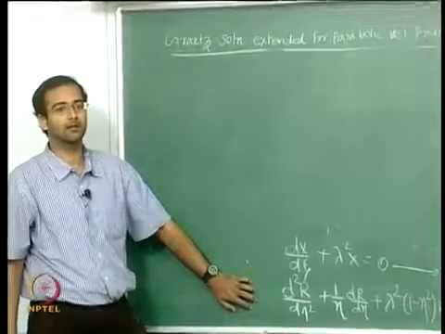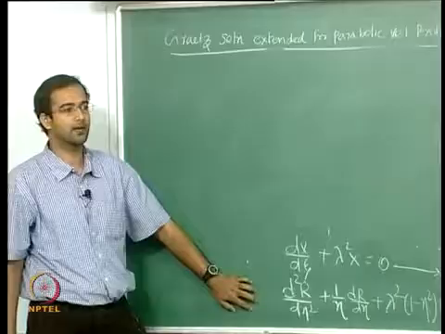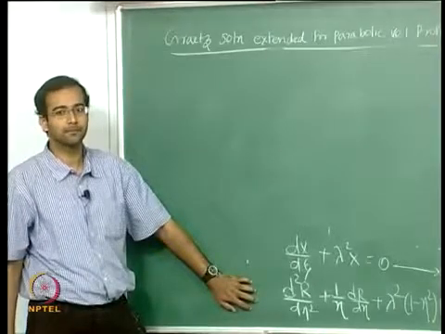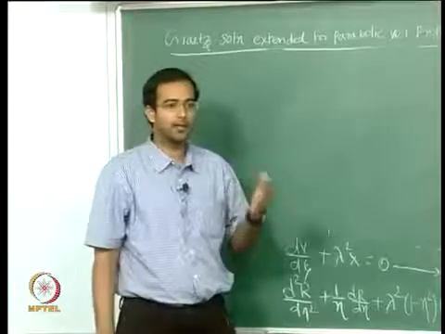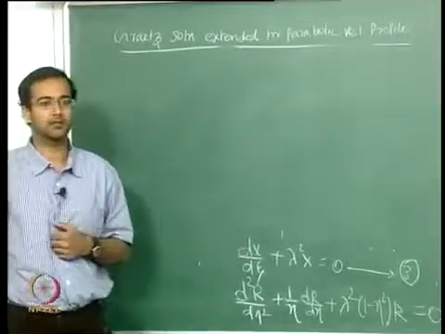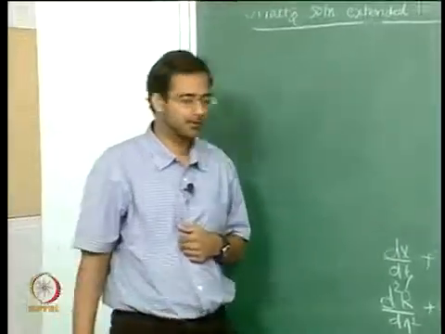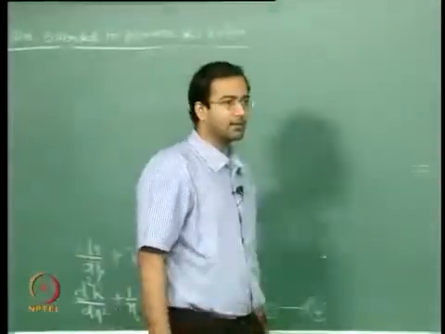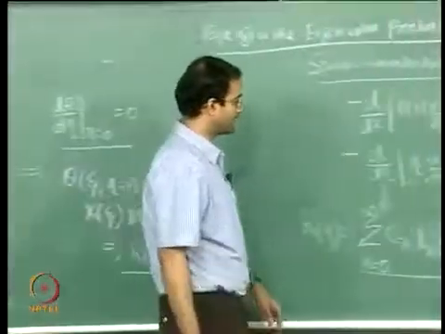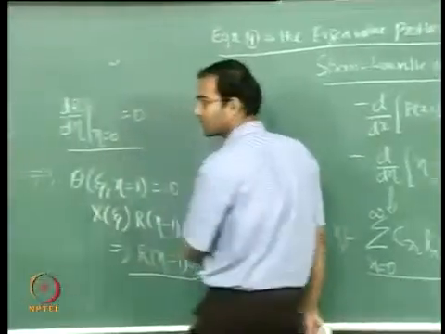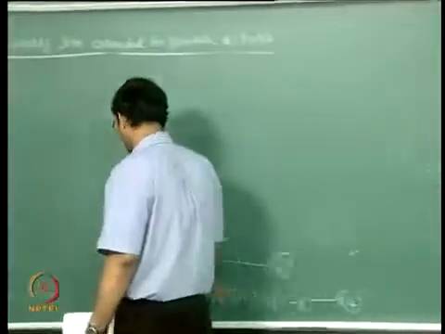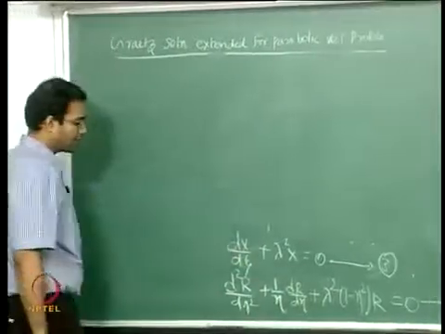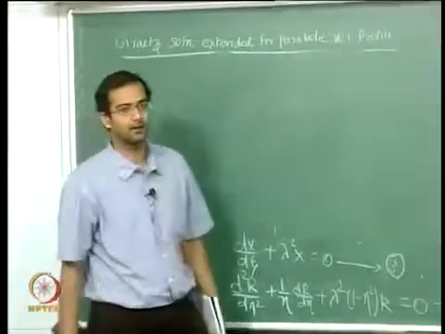This is not a particular form of any equation where you can get a ready-made solution. If it is a familiar equation like the Bessel equation, you can get a solution straight away. If it is unfamiliar, then you have to apply the two boundary conditions and solve for the eigenfunctions which are in terms of r.